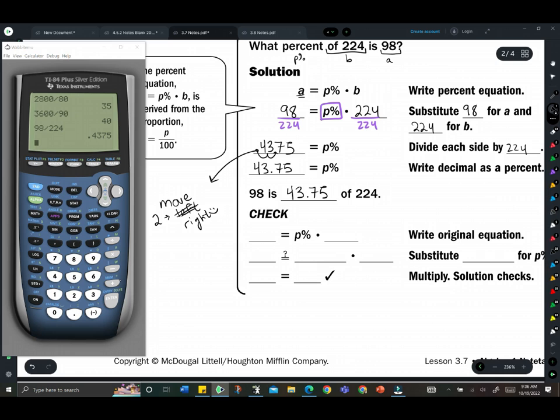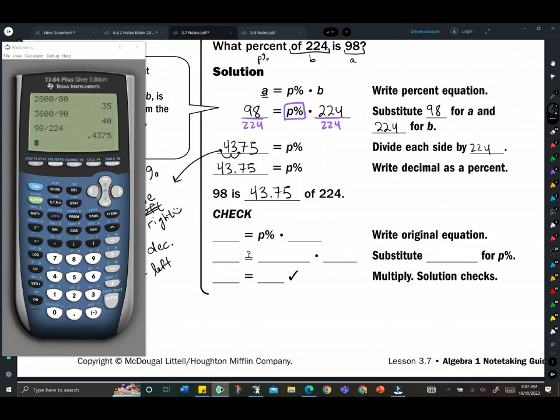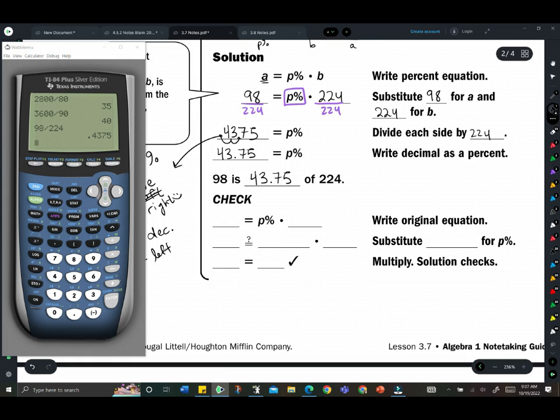So for decimal to percent, you move to the right. If you're going percent to decimal, you move to the left. I would have that down for you to think about. You could check by multiplying. So the answer is 43.75%.